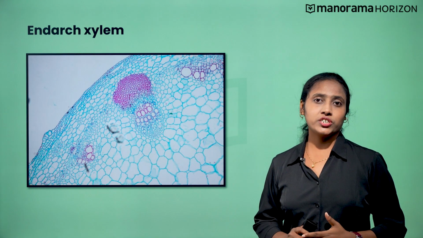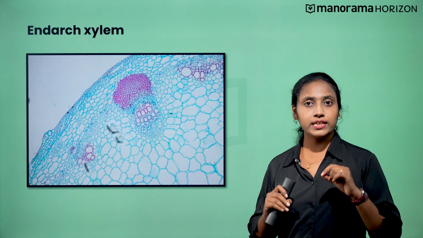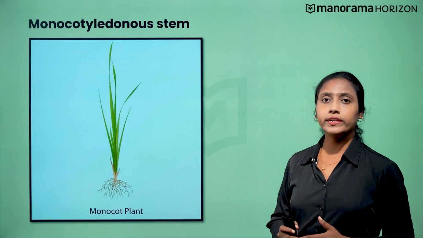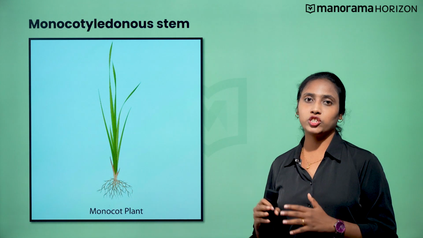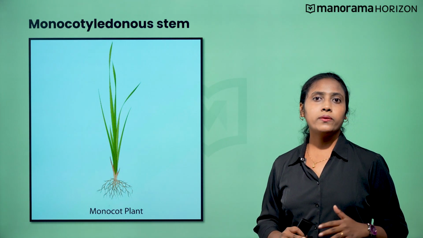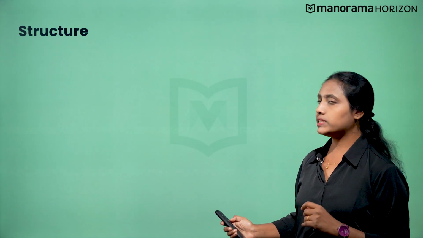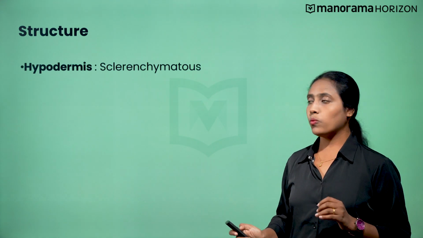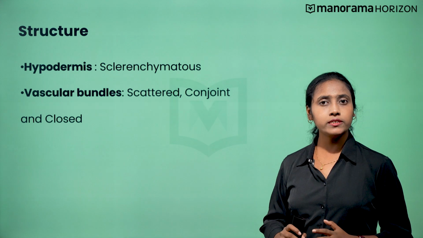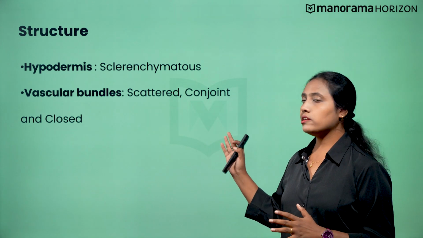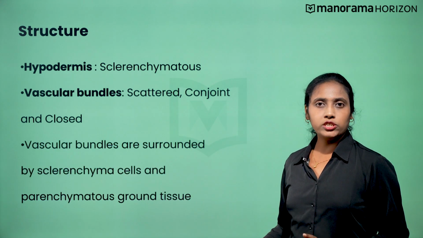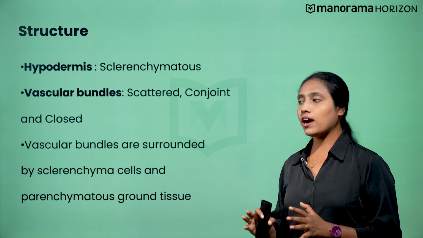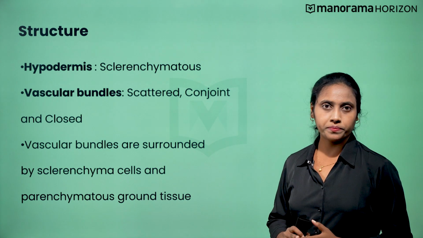The last structure that we are going to discuss is the monocotyledonous stem. The monocotyledonous stem is different in tissue organization, wherein the hypodermis is made up of sclerenchymatous cells. Vascular bundles are scattered, conjoined, and closed. Each vascular bundle is surrounded by sclerenchyma and a large parenchymatous ground tissue.